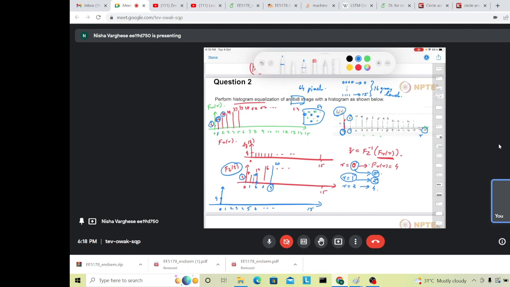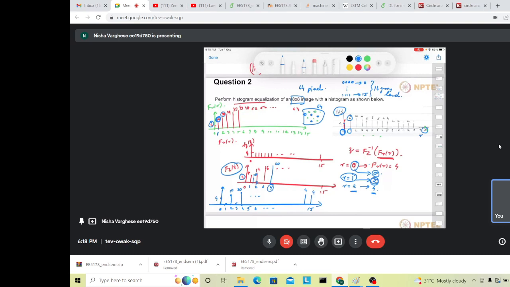Then 3 doesn't occur. Then 4 occurs 20 times, because 2 occurs 20 times in the input, etc. At 14 and 15 there will also be values, 4 and 4.